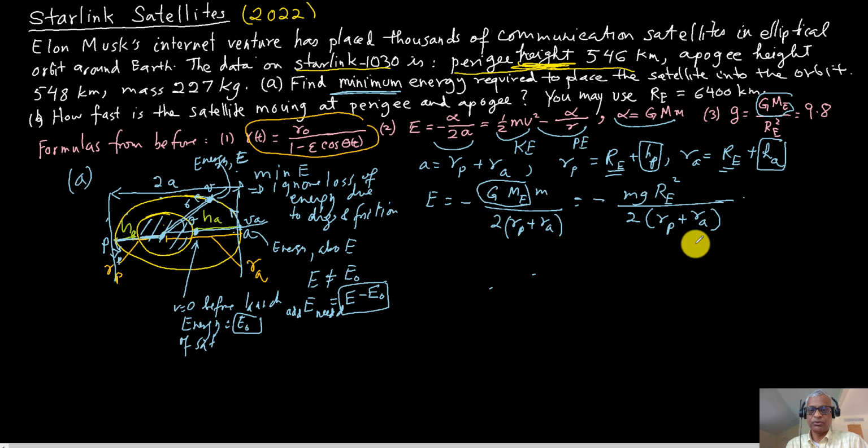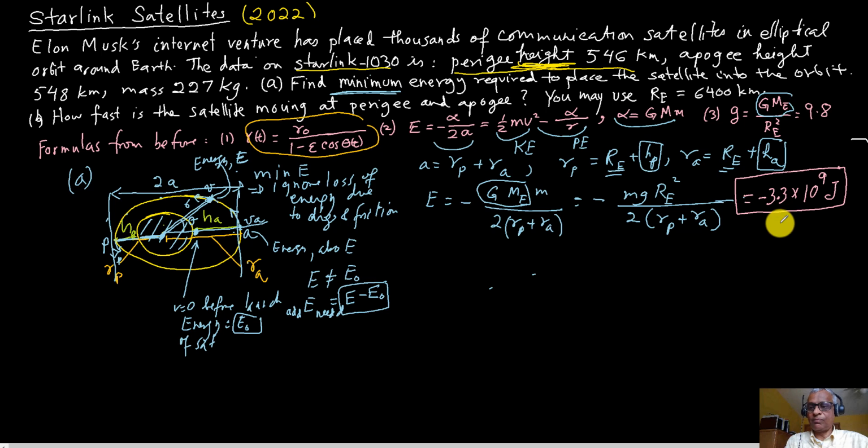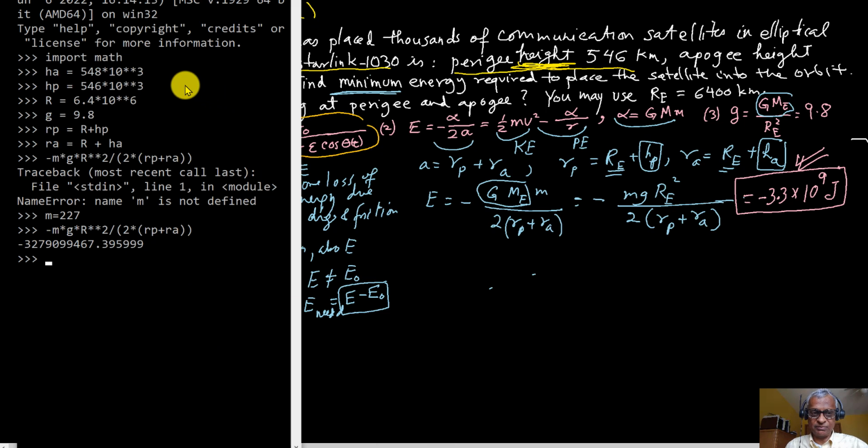Now we have everything here, and I can put in the numbers. I will pause the video, go and do the calculation, and give you the numerical value. Okay, so I found the answer here. I like to do the calculation, and just a little secret I want to share, how I do these kinds of complicated calculations is I use a Python script and put in all the values.